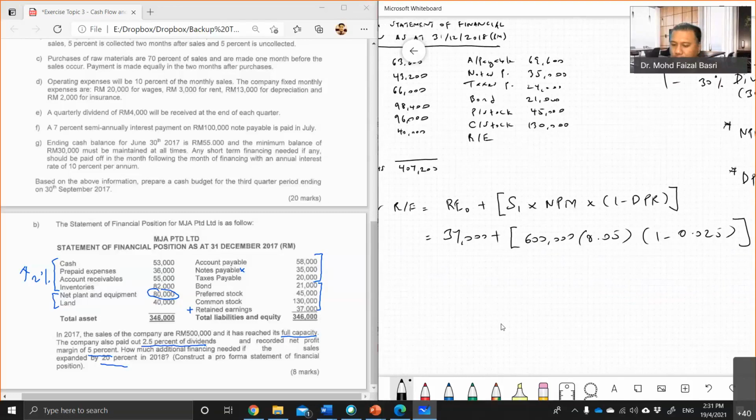So multiply 30,000 with 1 minus 0.025, plus 37,000. So you're going to have here an earning of 66,150. Okay, so this is our new retained earning. We're going to put this 66,150 here.